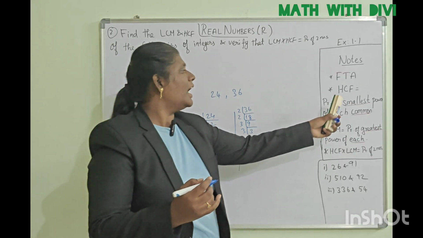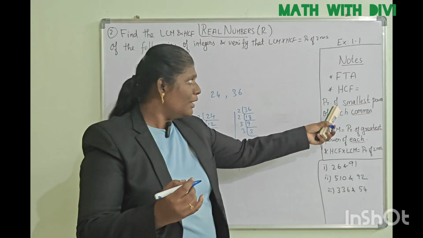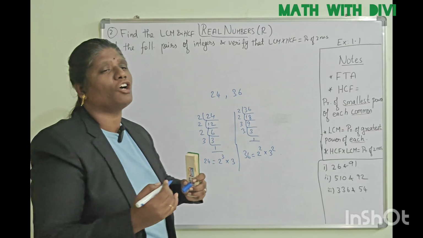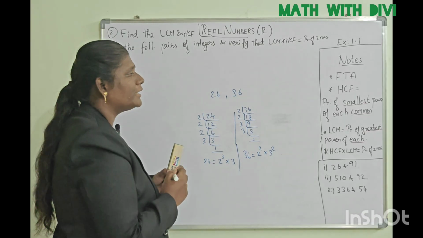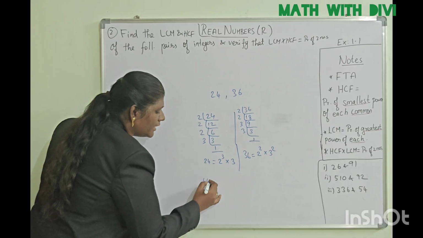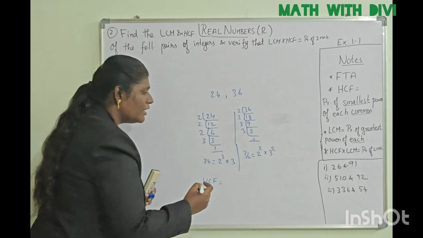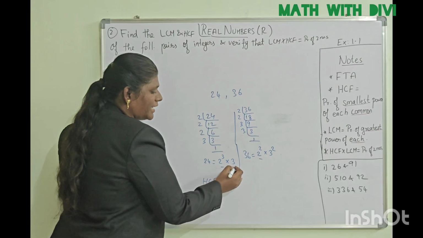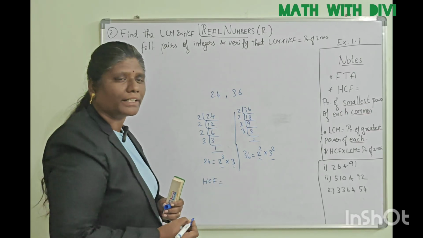So now see, HCF is equal to product of smallest power of each common factor. Let us see the HCF. What is the common factor here? 2 is a common factor. 3 is also a common factor, right?